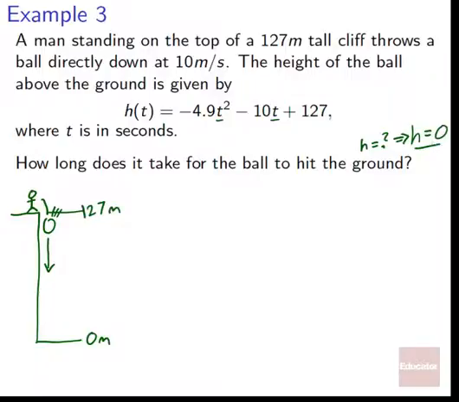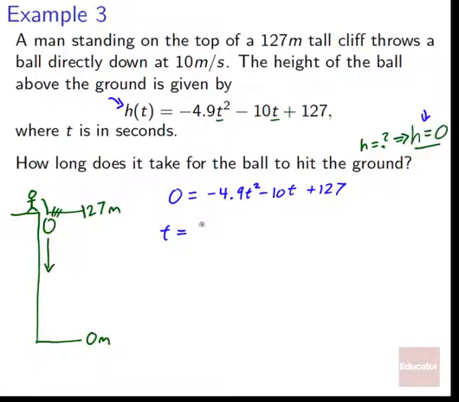Well, if we're looking for when h equals 0, then we use that in our function. So 0 equals negative 4.9t squared minus 10t plus 127. So we plug this into our quadratic formula. We're not looking at x anymore; we're looking at when t is going to give our roots.